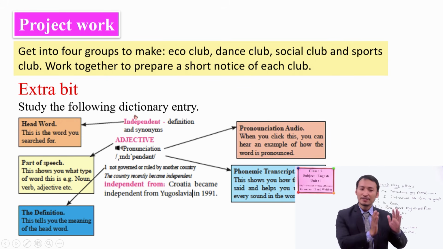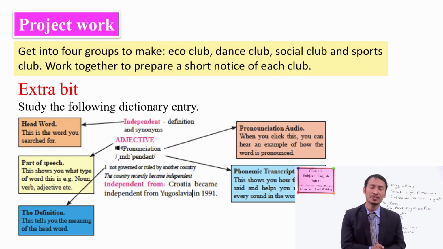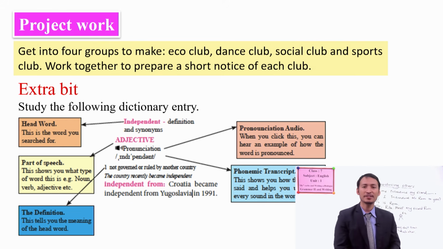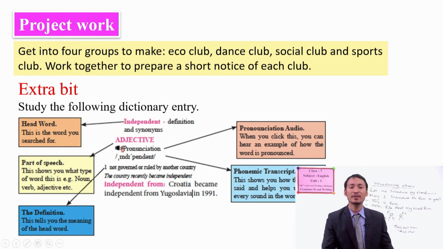If you have seen dictionary books or your online dictionary, we have a headword. For example, independent. This is the headword, and there is a definition. Synonyms means similar words, and we have the part of speech. For example, adjective, noun, or verb. And then we also have sound.